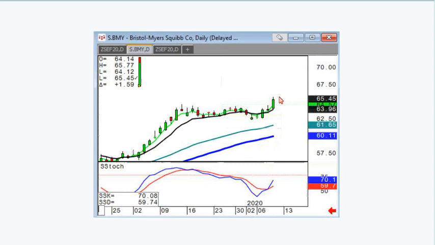Maybe I'm better off selling a put, or selling a call, because that probably makes more sense as far as the percentage move doesn't have to go as far.